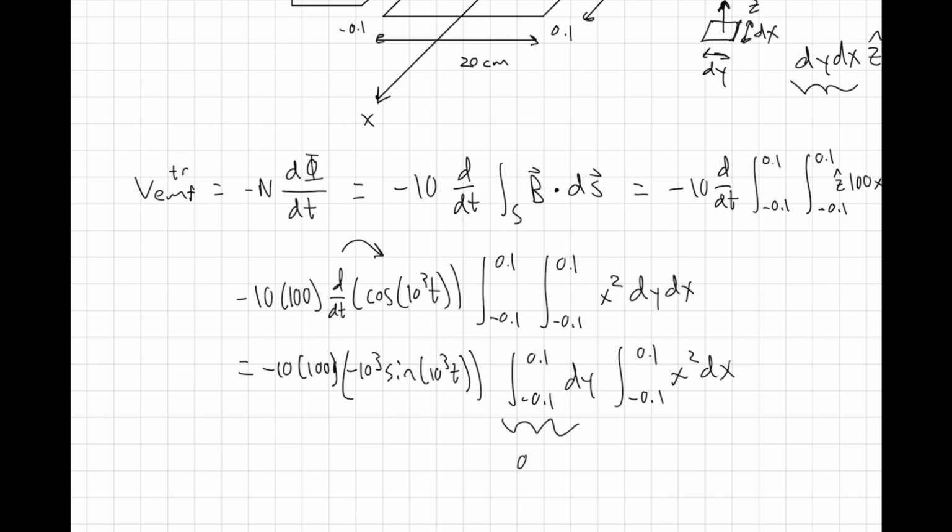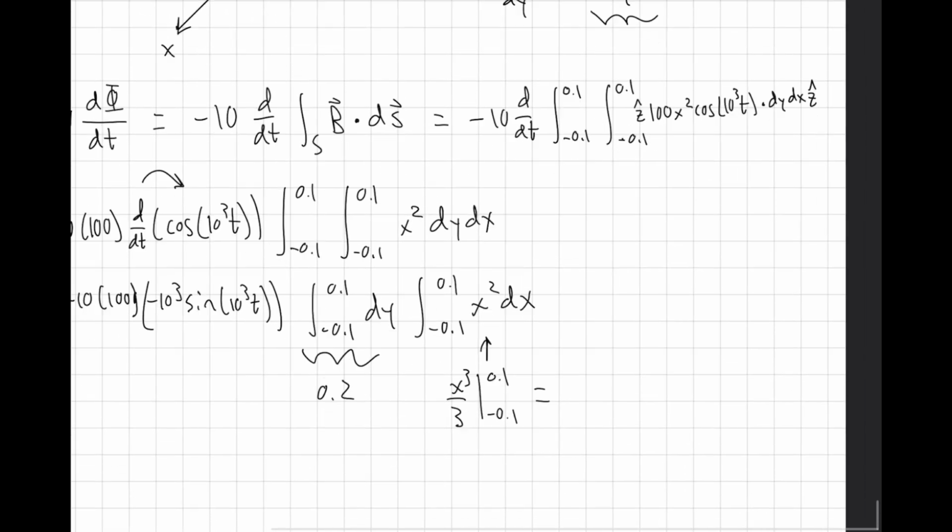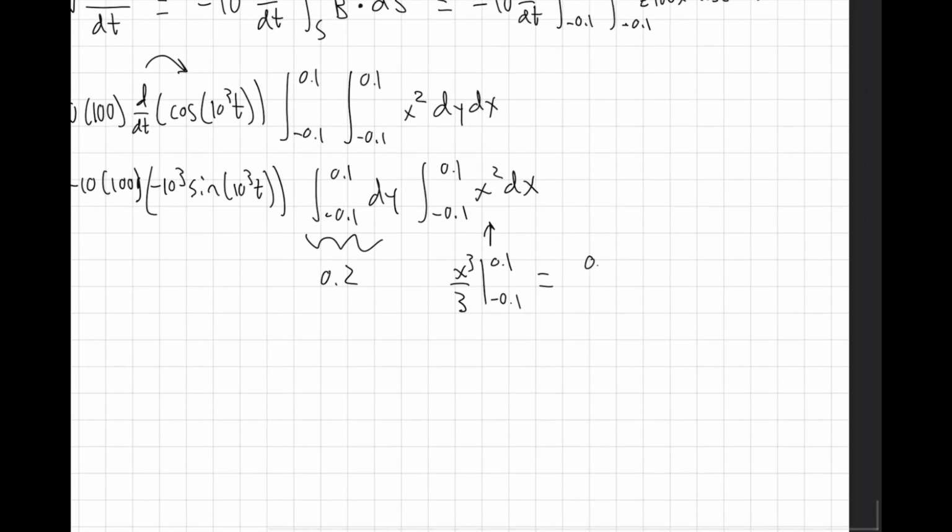This one here becomes 0.2. This one is x cubed over 3 evaluated from negative 0.1 to 0.1, which is equal to 0.1 cubed over 3 minus negative 0.1 cubed over 3, which equals 0.1 cubed plus 0.1 cubed over 3.